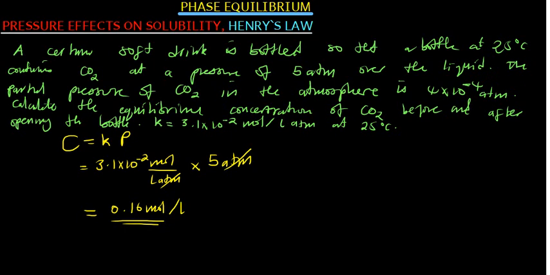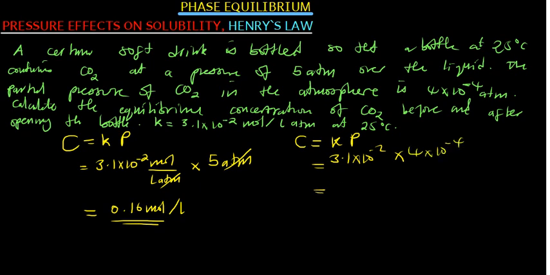How do we calculate that? The concentration is equal to K times P, because when you open the bottle, the carbon dioxide is going to reach equilibrium with the atmosphere. So it will be the pressure of the atmosphere after opening the bottle. Henry's constant is 3.1 times 10 to the power negative 2, multiplied by the partial pressure of carbon dioxide in the atmosphere, which is 4 times 10 to the power negative 4.